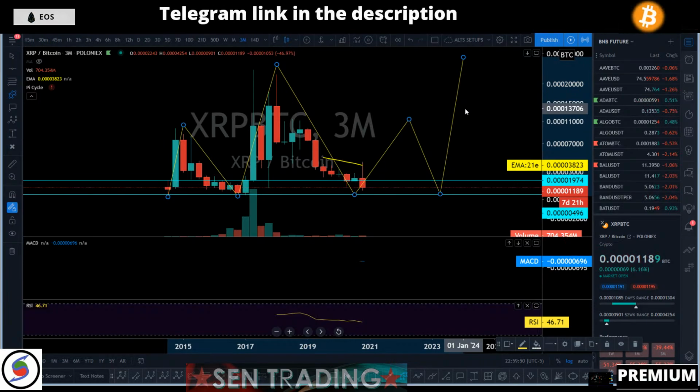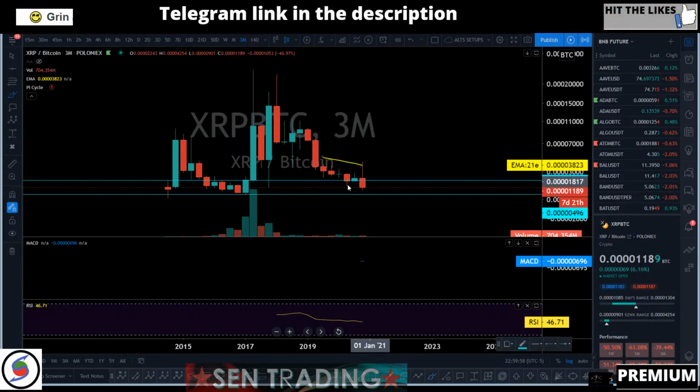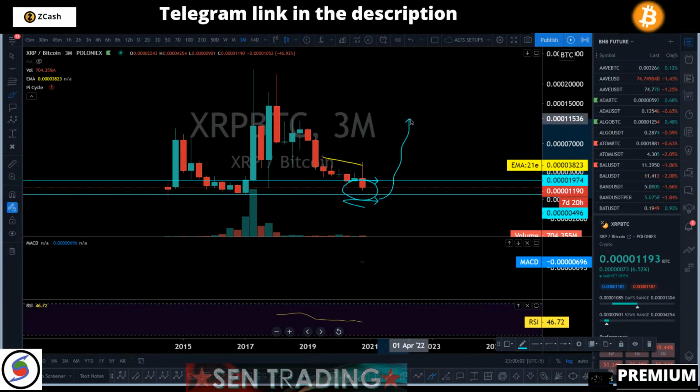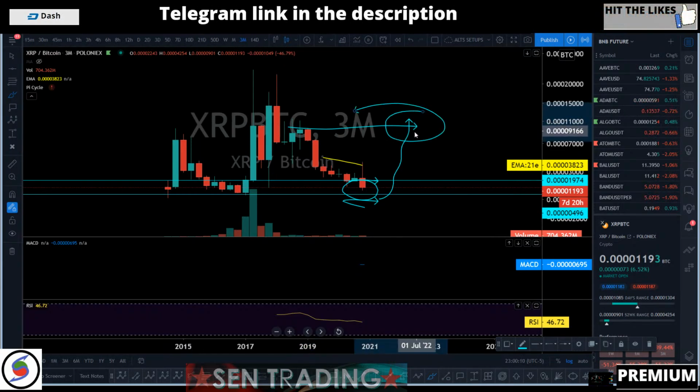But that's a quarterly chart, so don't expect it to play out this year. It only means if we buy here versus BTC, and XRP shoots up to 10,000, we have to sell.